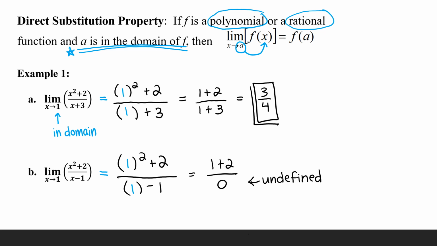Whereas if we look at example b, 1 is not in the domain of x squared plus 2 over the quantity x minus 1. So we cannot actually use the direct substitution property to help us evaluate this limit.